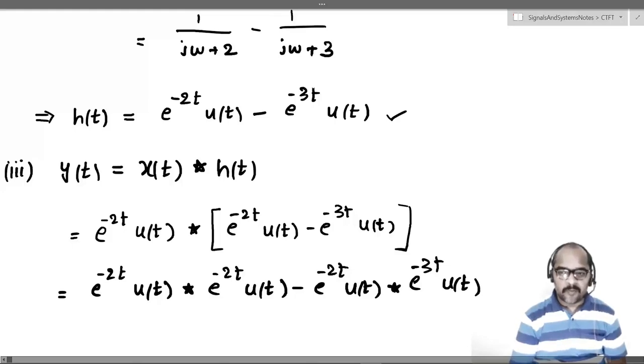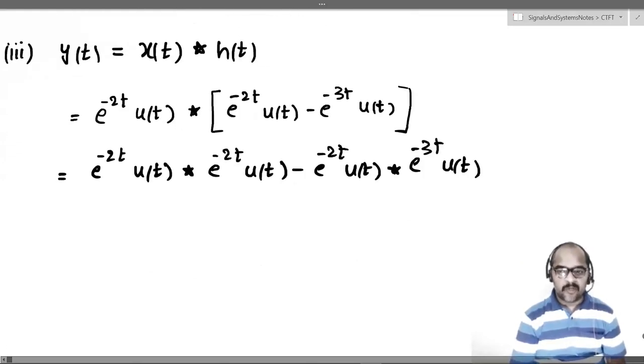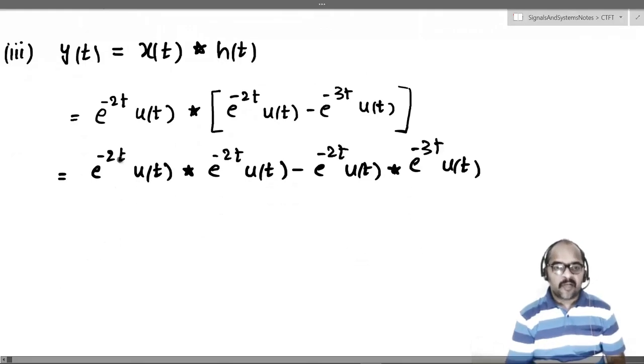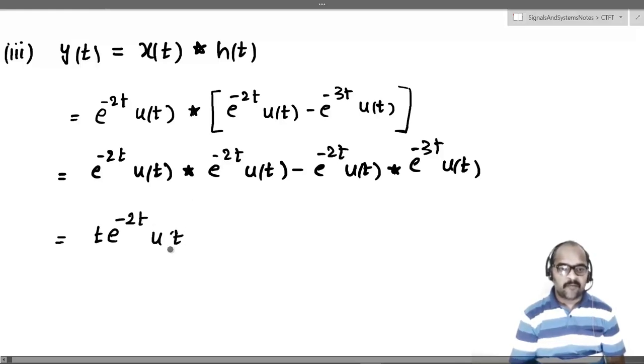So when we talked about the convolution in time domain property, we have seen this result, right? What is that? This is looking like e power minus a t u of t convolved with e power minus a t u of t, that is, a equal to b. So this should be equal to t times e power minus a t u of t. You can refer to the notes on the convolution in time domain property, which we have seen.